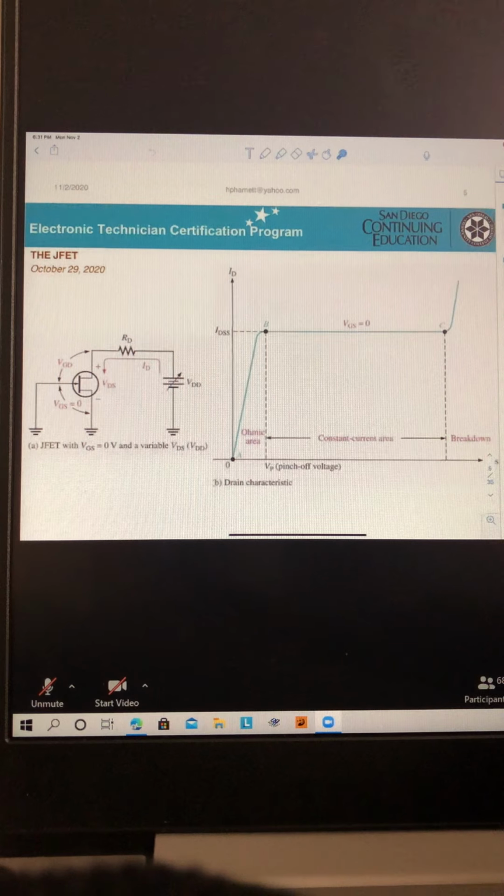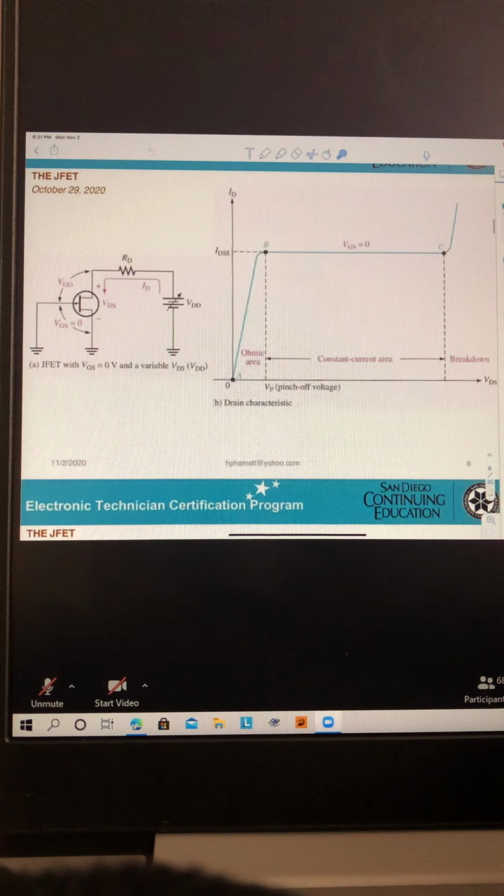Now, we'll see this thing. This is a JFET. The gate is connected to the source, and you get a VDD. When they change the VDD, that means you change the current ID.